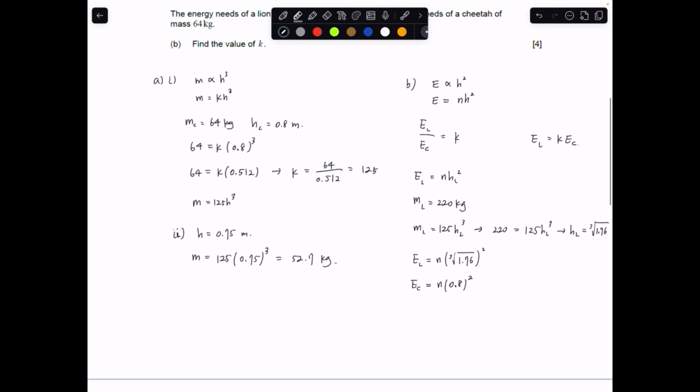And so now we can find k by doing E_L over E_C, which is n times the square of the cube root of 1.76. But then these n's get canceled, and so we don't even have to find those values. And then if we calculate this, should come out to 2.28. So that's our value of k.